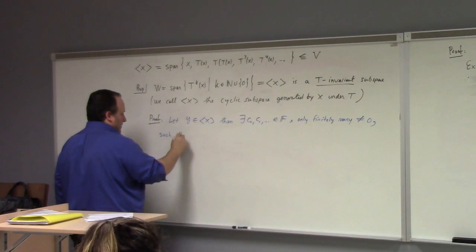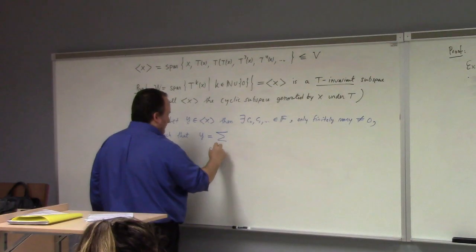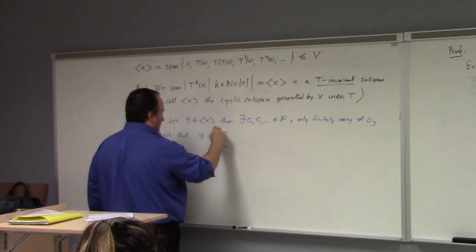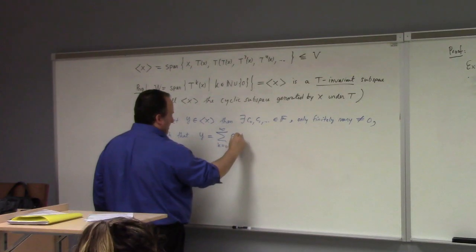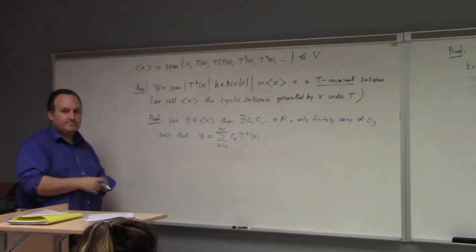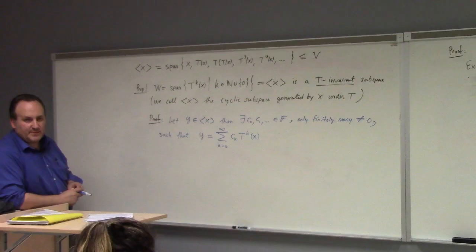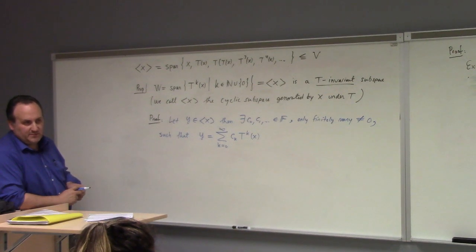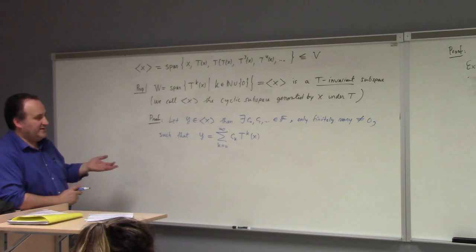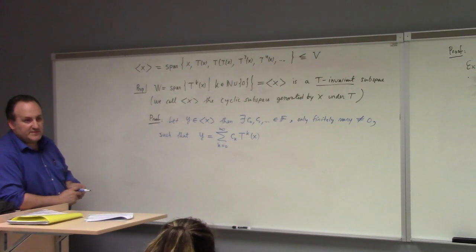Here's a trick. Write it like this. That's what something in the span looks like. It has to be a finite linear combination, though. That's the definition of span. And we achieve that finiteness by insisting that there's only finitely many non-zero coefficients.